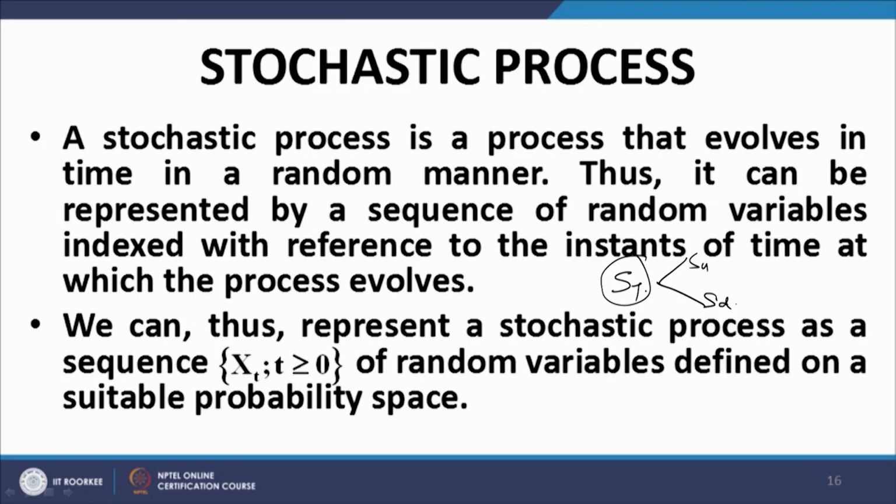So, if it is an n step process, then we need n random variables and the entire process can be collectively known as the sequence of random variables S1, S2, S3 and so on. So, we can thus represent a stochastic process as a sequence S_t, t greater than or equal to 0, of random variables defined on a suitable probability space. That means we can ascribe appropriate well defined probabilities to each of those random variables that constitute the stochastic process.